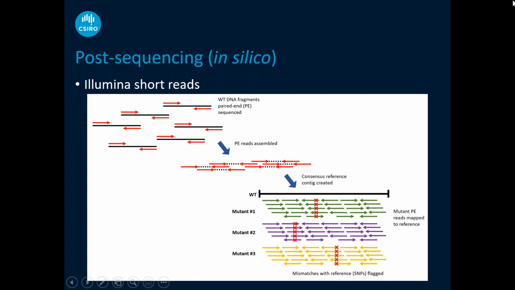Once you get your sequencing back, in our case we used Illumina sequencing. The wild type fragments are assembled into a wild type reference assembly to which the mutant short reads are aligned, which we can then screen for mismatches or SNPs that are likely caused by EMS mutagenesis.